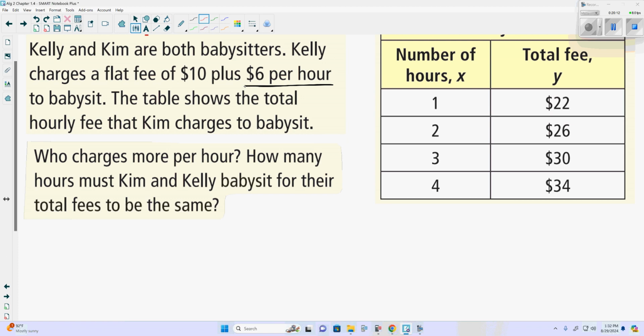The flat fee, the base fee, is our y-intercept. So for Kelly, we do have that y equals our slope, 6x plus 10.